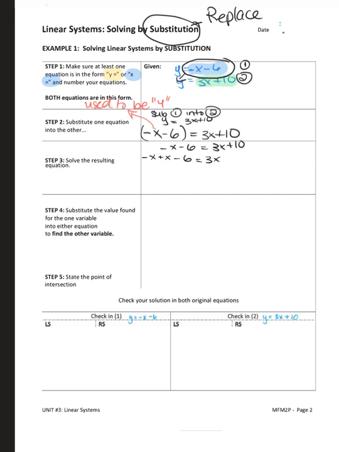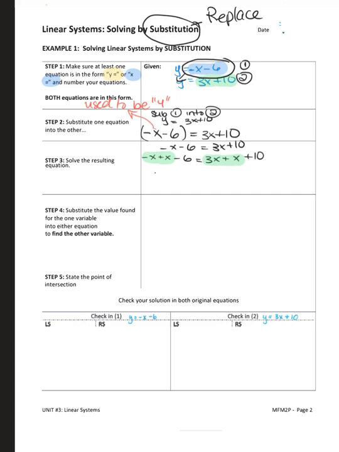If I add x to the left-hand side, I have to add it to the right-hand side. Okay, so this is what I've changed here in this step. And right here. So now, let's simplify.